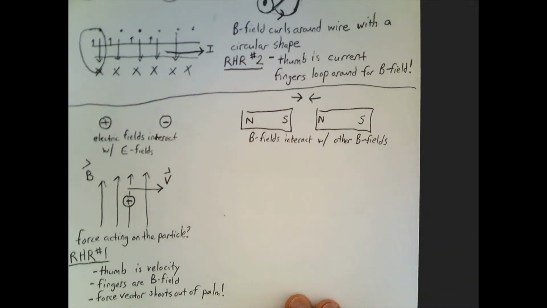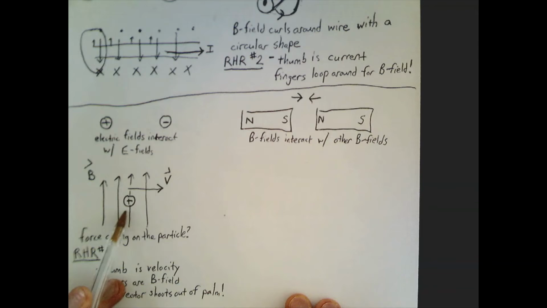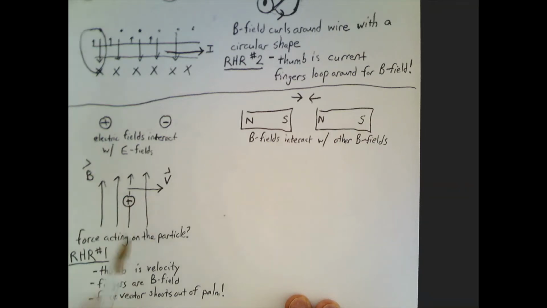It's worth noting that if there were no field here, our instantaneous displacement would be to the right in the same vein as the velocity vector. Our force is perpendicular to that, going up.